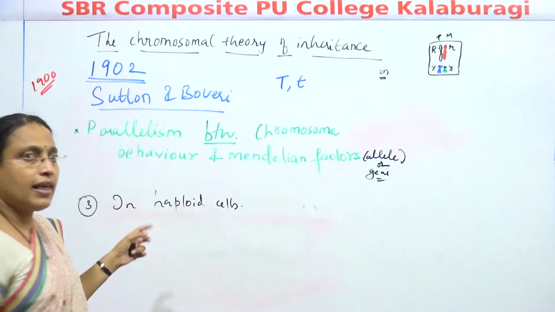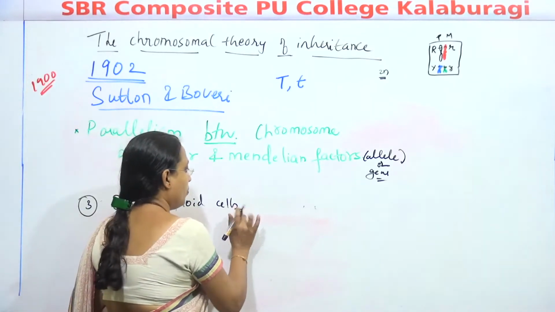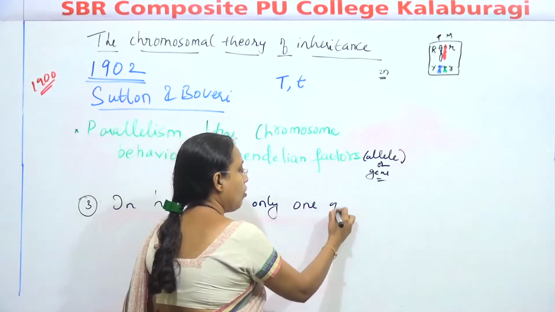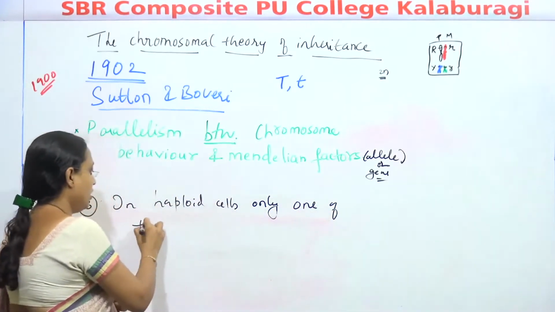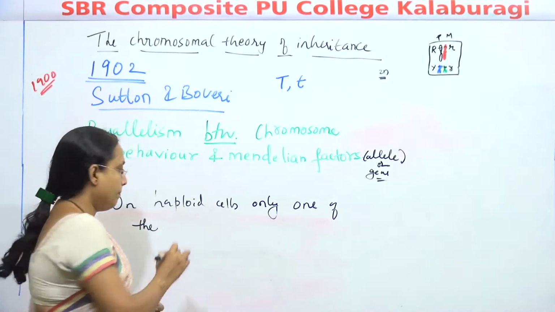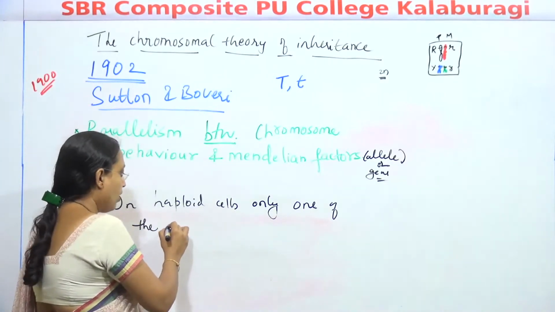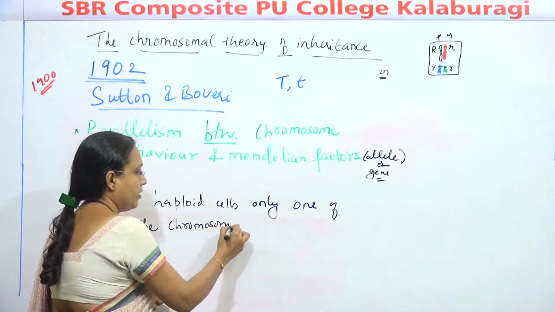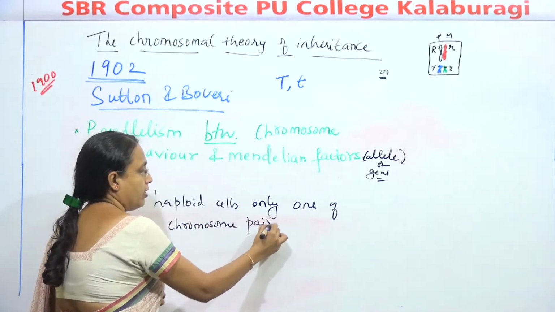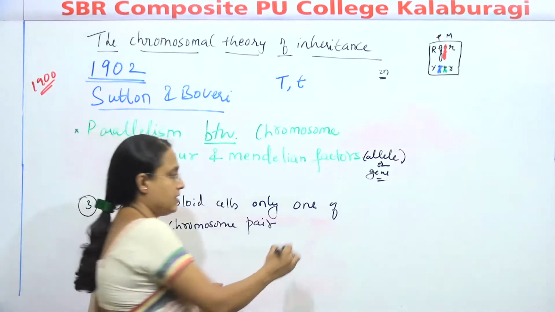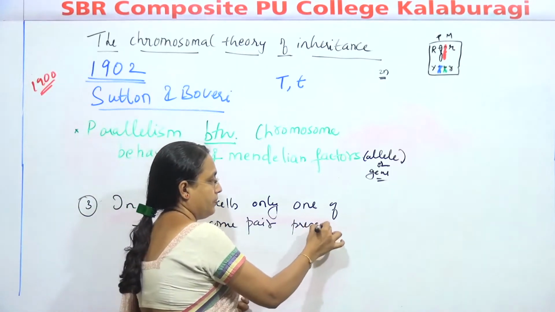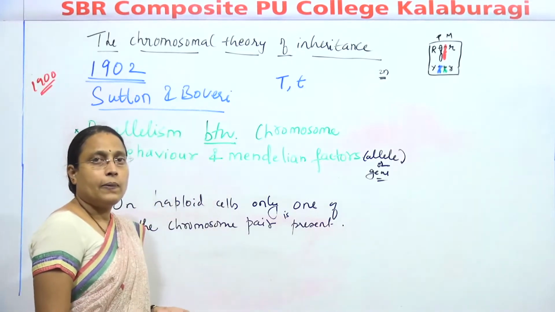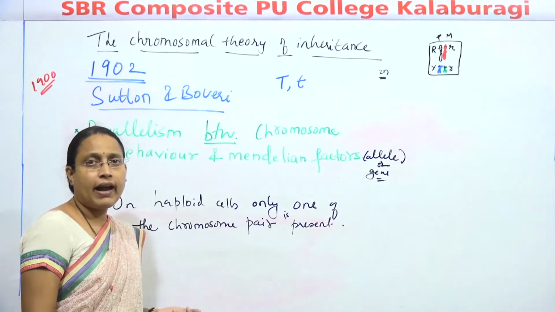So in a haploid cell, only one of the chromosome pair is present. So also what about the factor?